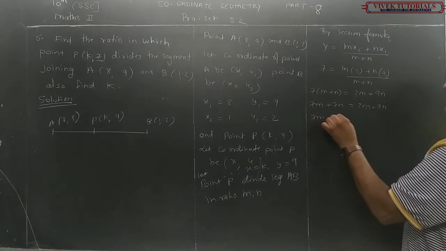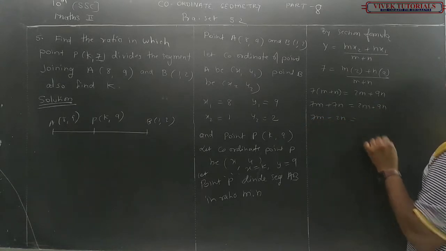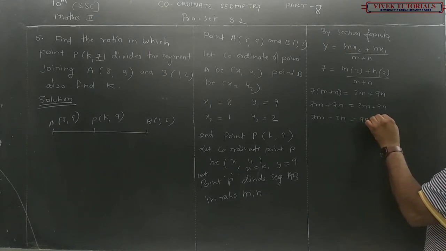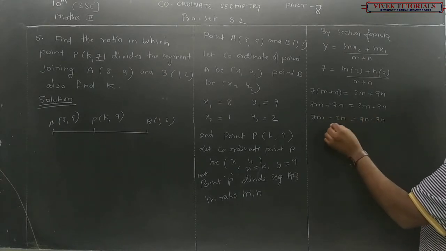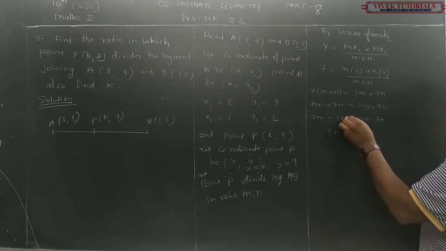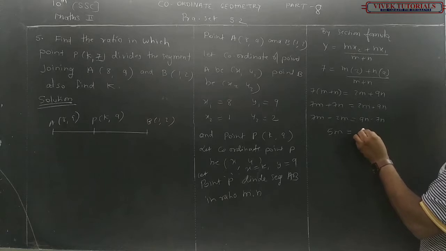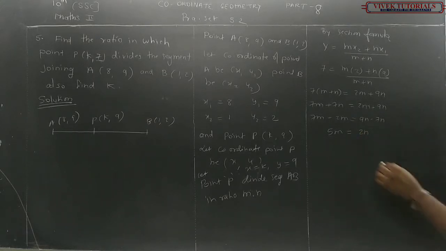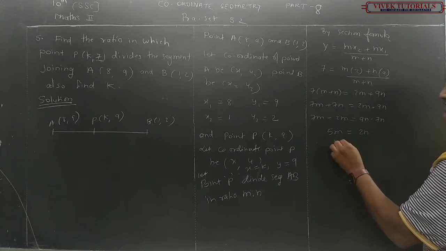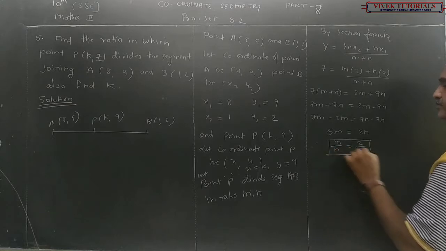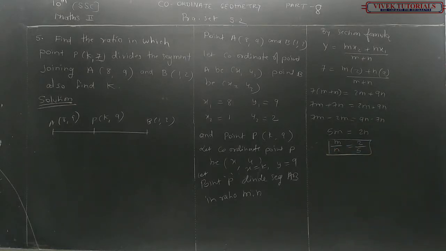So 7m minus 2m is equal to 9n minus 7n. So we are getting 5m is equal to 2n. So if I transfer n to that side, m upon n is equal to 2 upon 5.